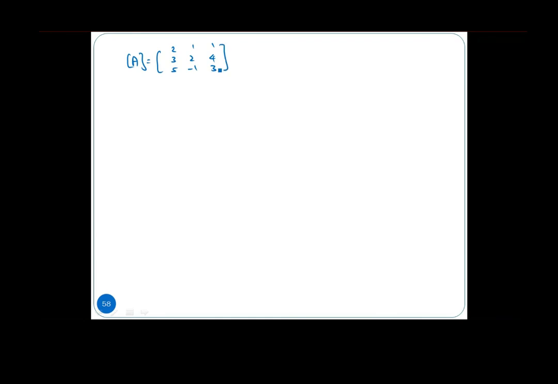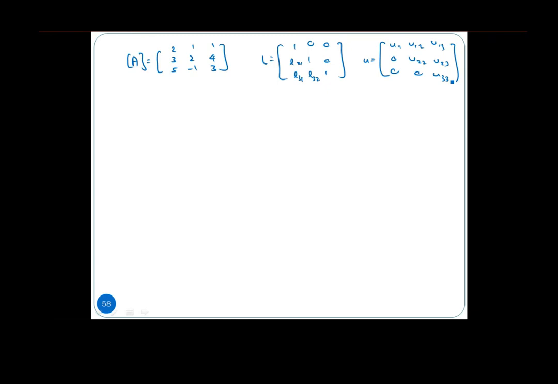To find L, we know the diagonal is 1, 1, 1, then I have L21, L31, L32, with 0s above, to be determined. My upper matrix will be U11, U12, U13, U22, U23, U33 with 0s below. Those are the things we have to determine.